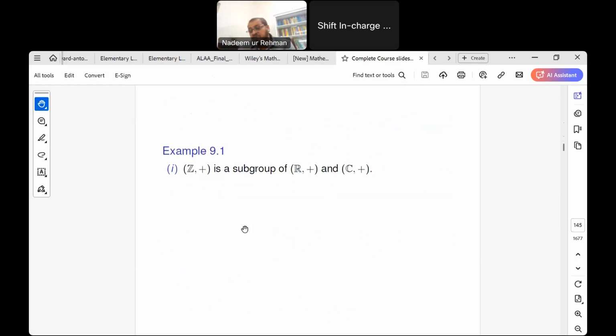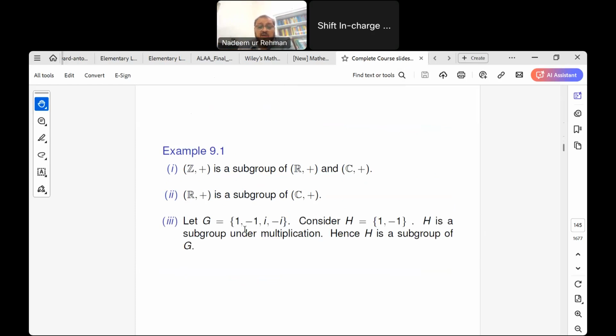The set of integers under addition is a subgroup of the set of real numbers under addition or of the complex numbers under addition. The set of real numbers under addition is a subgroup of the complex numbers because R is a subset of C, and Z is a subset of R, Q and C. So Z is a subgroup of the rational numbers, real numbers and complex numbers. Similarly, take 1, minus 1, i, minus i, and consider the subset H equal to {1, minus 1}.